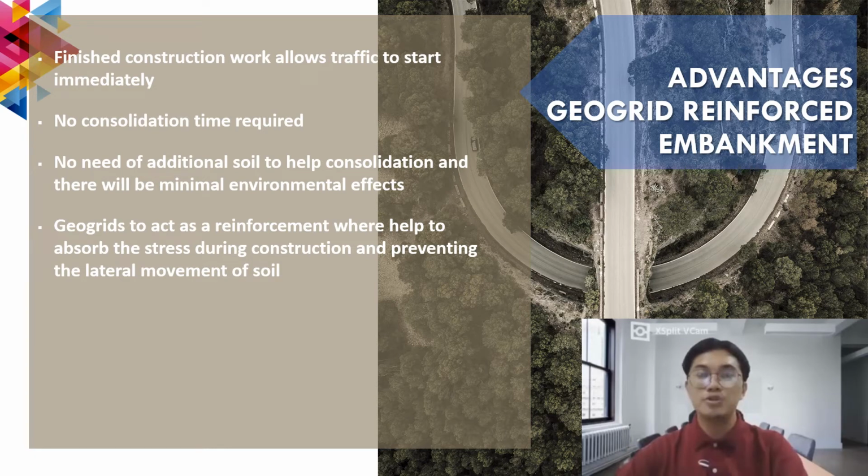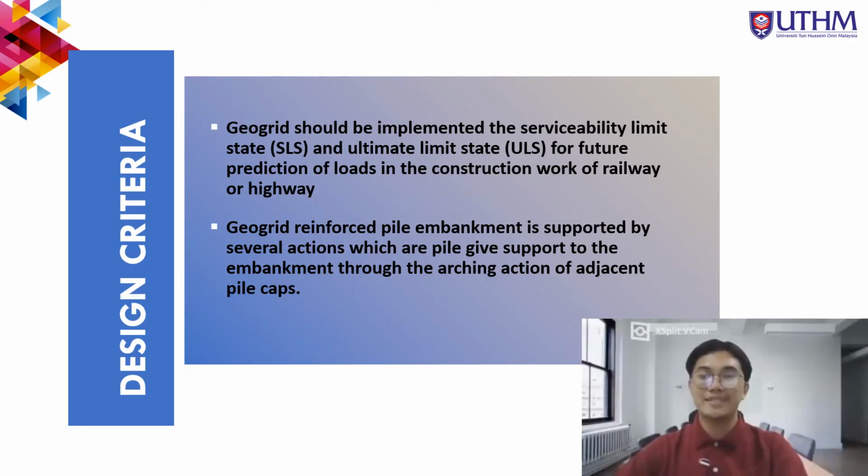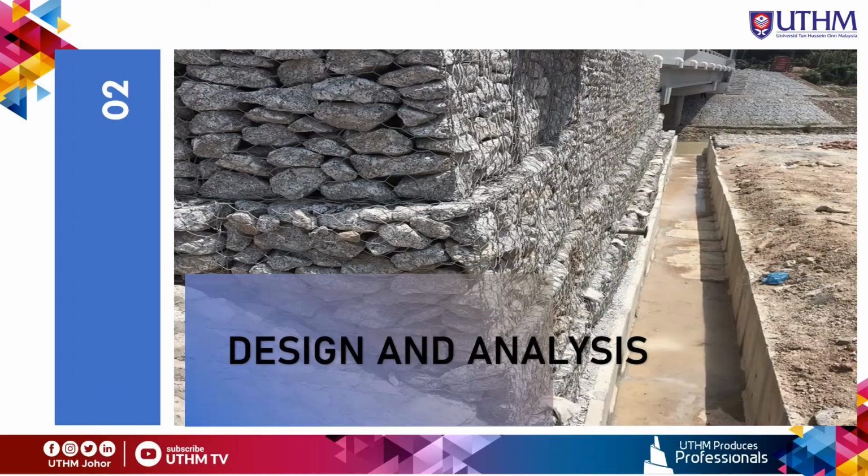Also, the geogrid itself will act as a reinforcement to help absorb the stress during the construction and prevent the lateral movement of the soil. For the design criteria, the geogrid should be designed for the serviceability limit state or SLS, and also the ultimate limit state ULS, for future prediction and load in the construction work for the railway and highway.